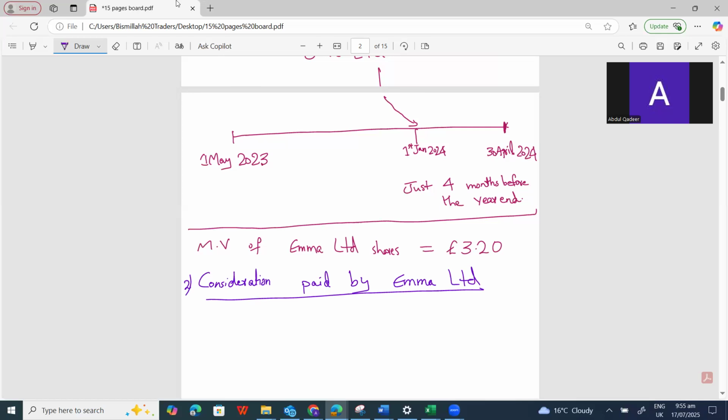First thing, how do we calculate it in case of share exchange? What's the formula? We will use it.